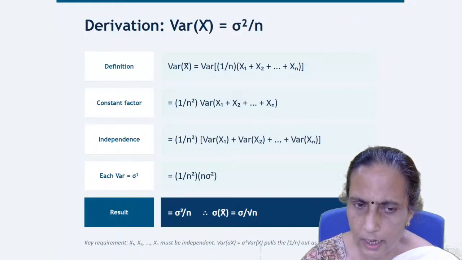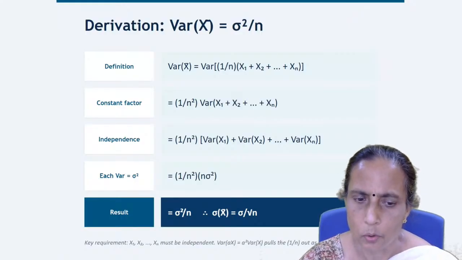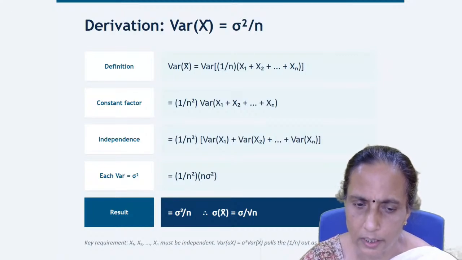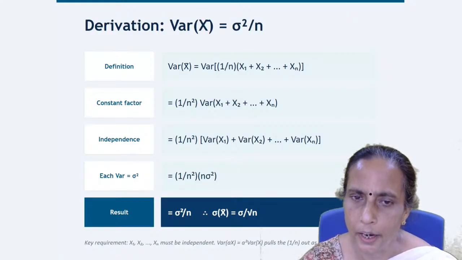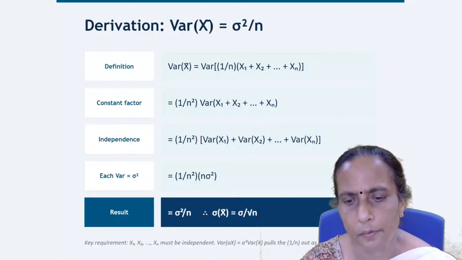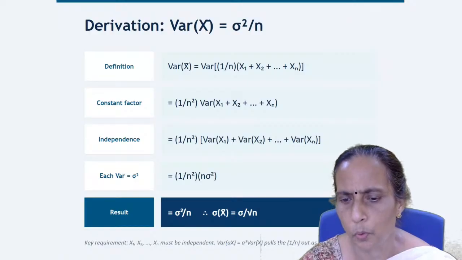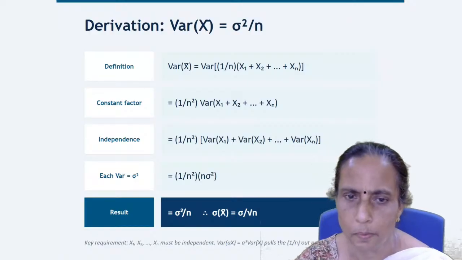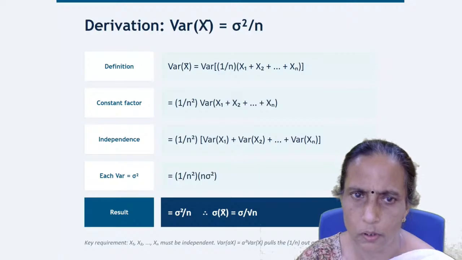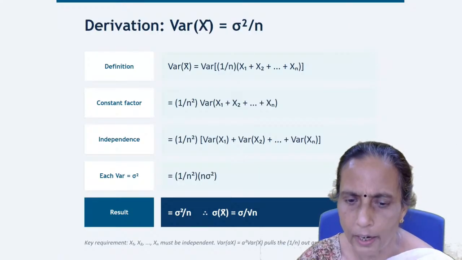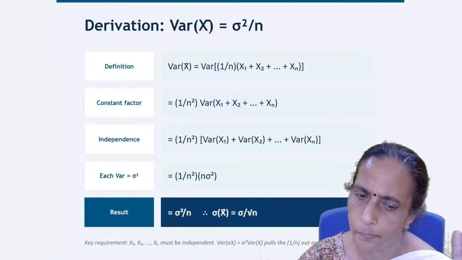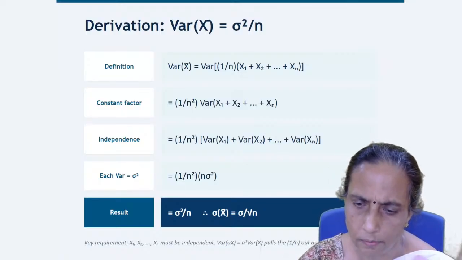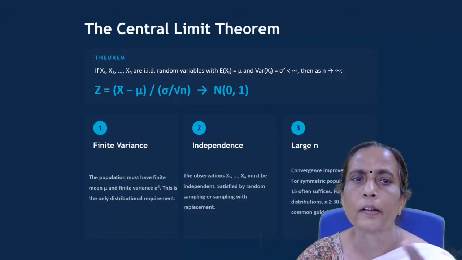The key requirement is that x1 to xn are independent, and variance of ax is equal to a squared variance of x, which pulls the 1 by n out as 1 by n square. That is the property of variance.